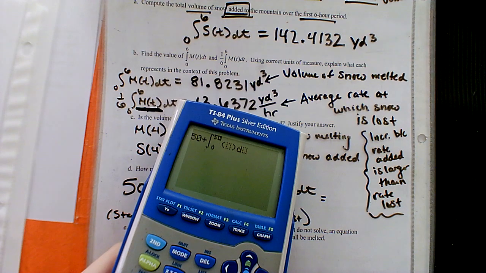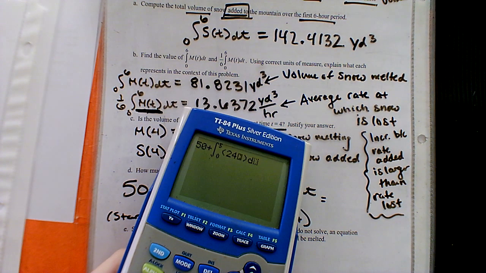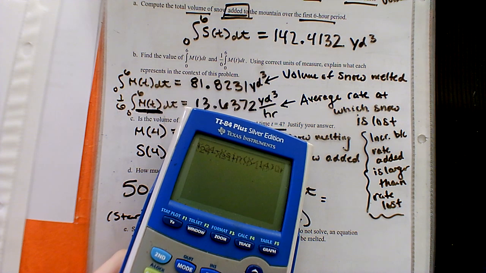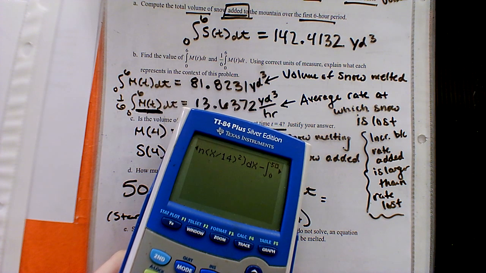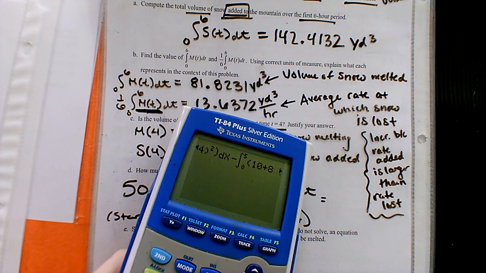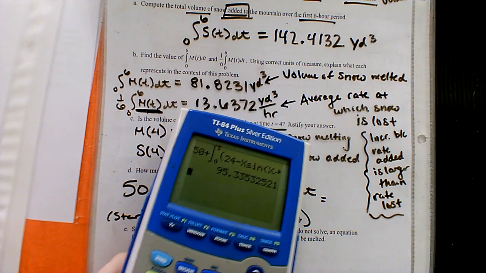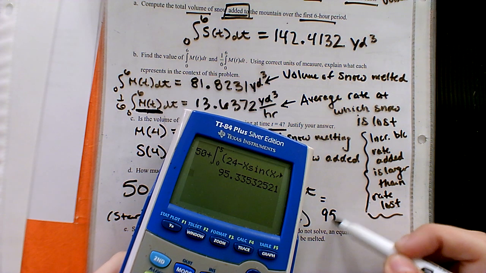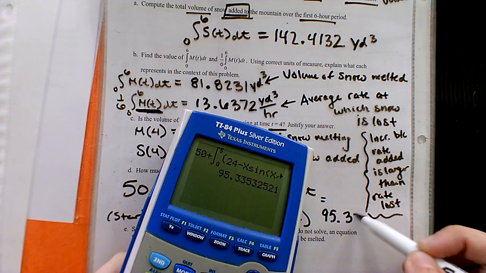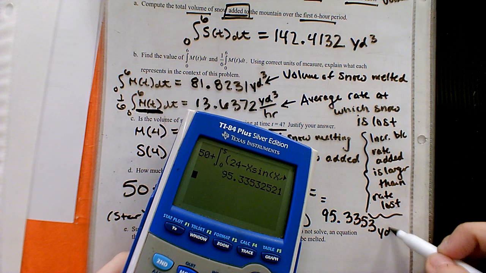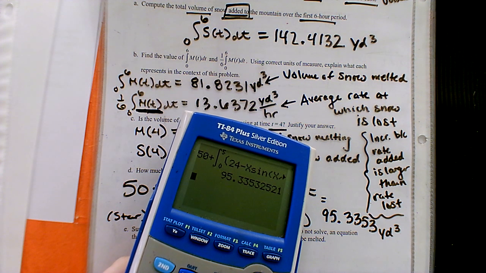Let's see, math 9, 0 to 5, S of T, 24 minus... 95.3353. And if this is the amount of snow, we'll have yards cubed.